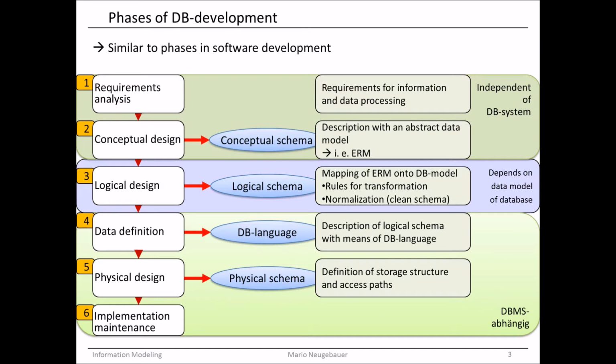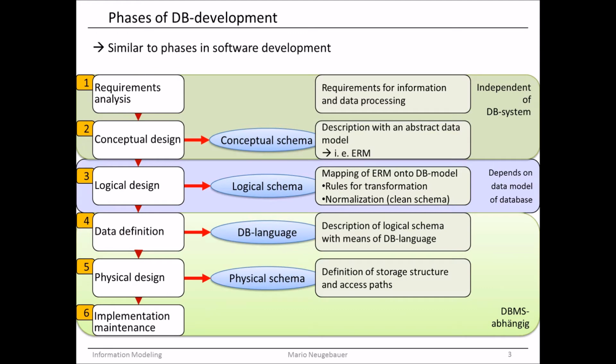Actually we start with the conceptual design, and then we just apply a set of rules to transform the conceptual design into a logical schema. There's basically no creativity required. You just apply the rules to come to the structure of tables which maps to your conceptual design done before.